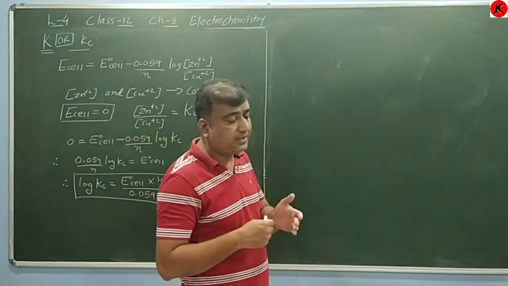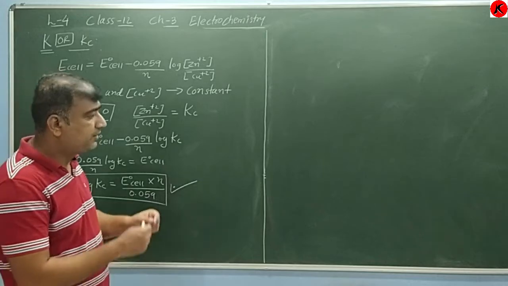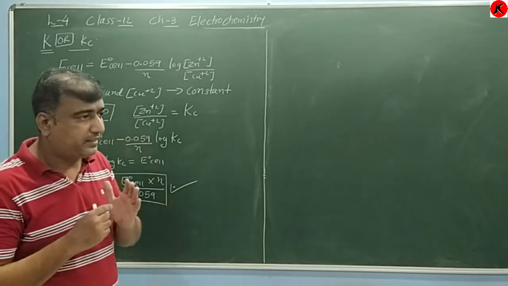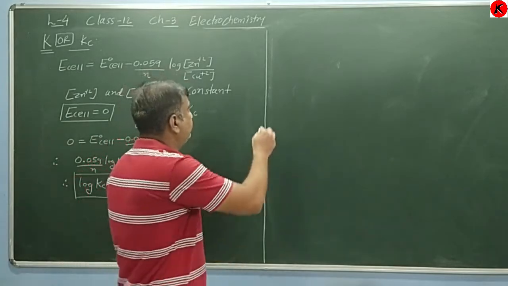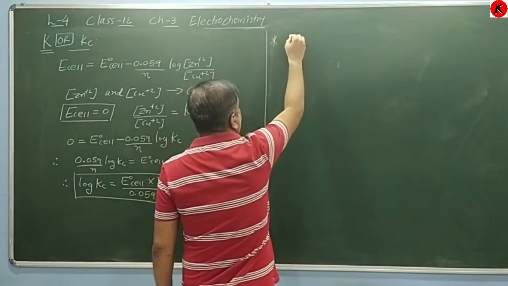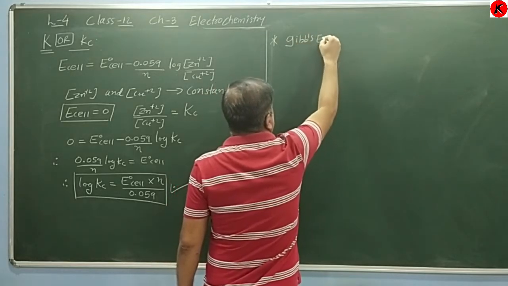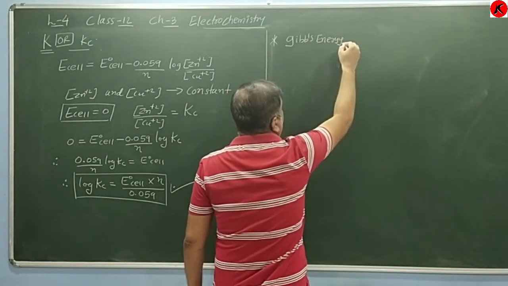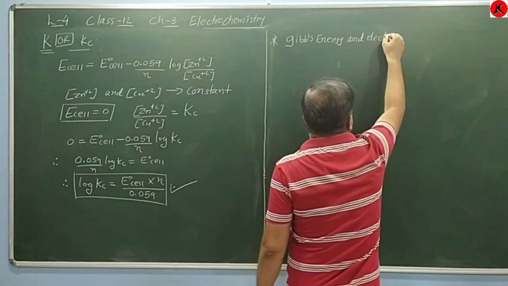Now, the relation between the Gibbs energy, the equilibrium constant, and the electrical work which is obtained from the electrochemical cell.